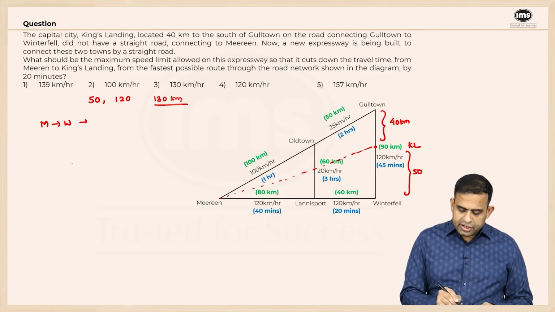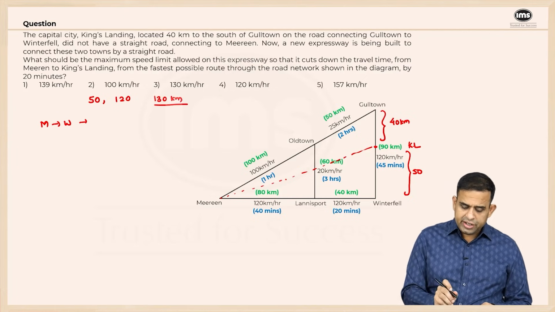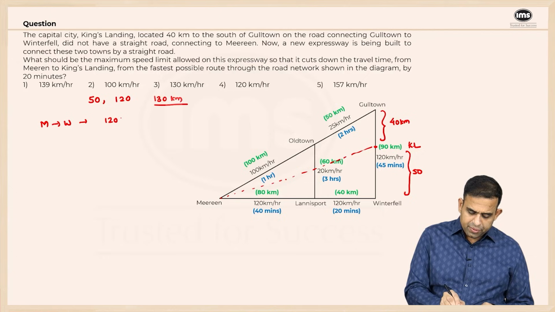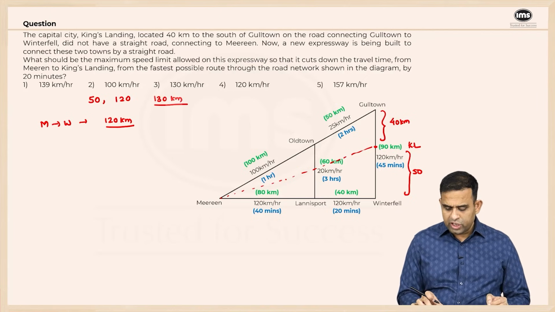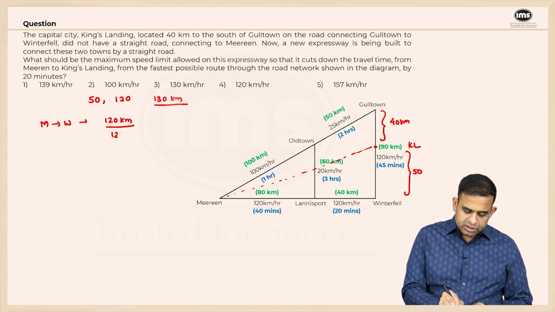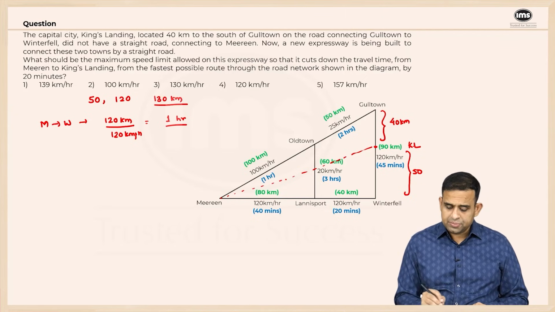So in this particular case, suppose from Meereen to Winterfell, first of all, the distance was 80 plus 40, which is 120 kilometers, and the constant speed allowed was 120 kmph. So this part will take 1 hour to travel on a normal basis.